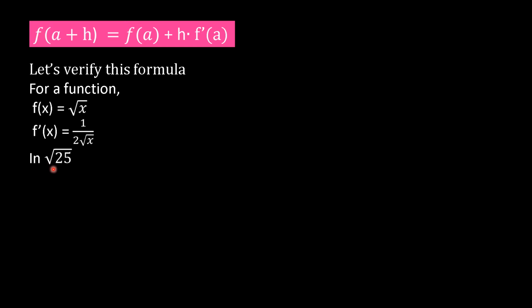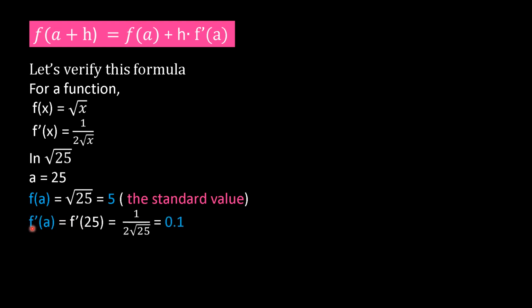In root 25, a is 25 and f(a) will be root 25, which will be 5. And since this is a known value, let us call it the standard value. Now f dash a will be f dash 25, which will be 1 divided by 2 under root 25, replacing x by 25. It will be 1 divided by 10, that is 0.1.